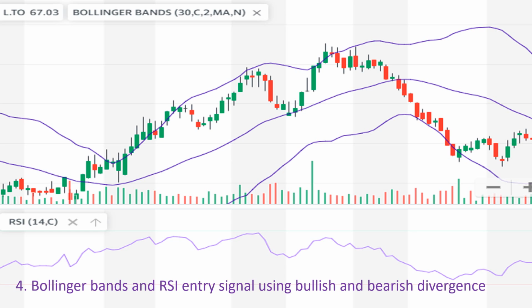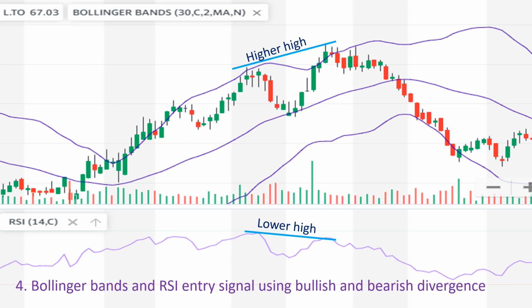In this graph, we see the price is making higher high. That means this is higher than here. So the price is making higher high, whereas the RSI is making lower high.